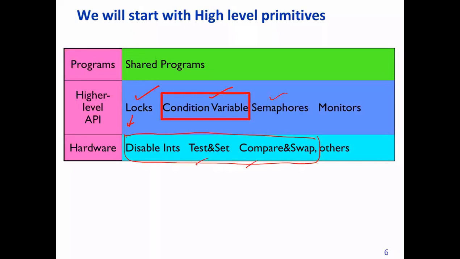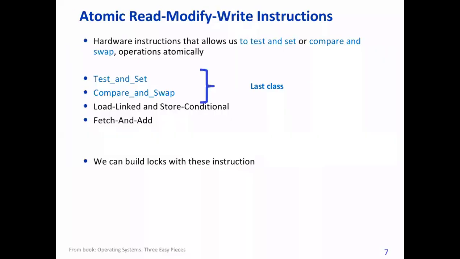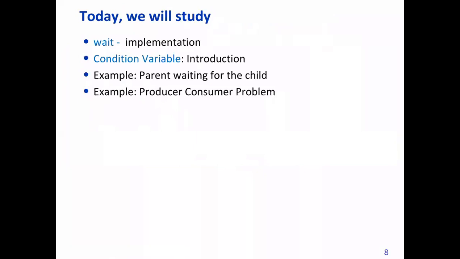So today we'll look at the higher level functionality given, like lock, and then see how we can implement synchronization with that primitive. Last class we studied test and set and compare and swap.